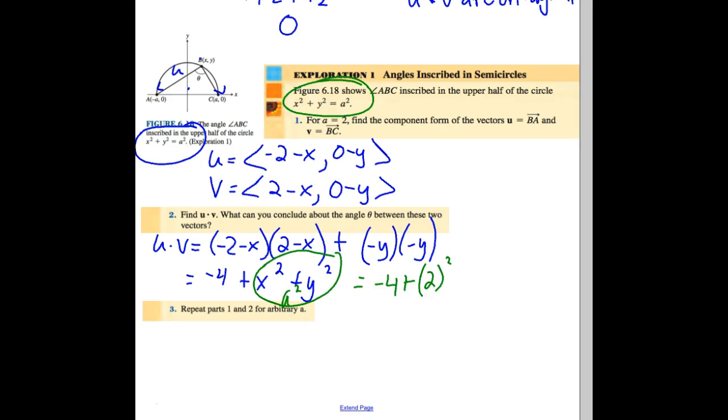And 2 squared is 4. Negative 4 plus 4 is 0. So what does that tell me about my picture? If the dot product is 0, it means those vectors are orthogonal, which means the angle between them is 90 degrees. So from here we know that theta has to be 90 degrees.